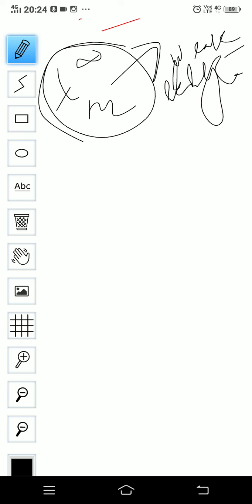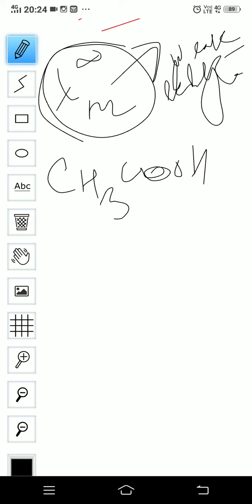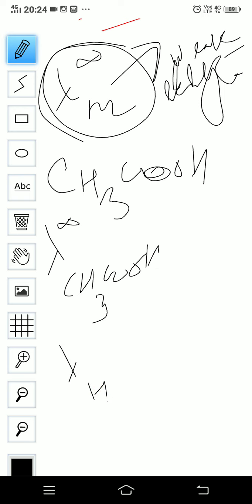Let me take the example of acetic acid, CH3COOH. We have studied that the molar conductivity at infinite dilution of CH3COOH is given by lambda H plus, since it is a positive ion, plus lambda CH3COO minus, since it is the negative ion.